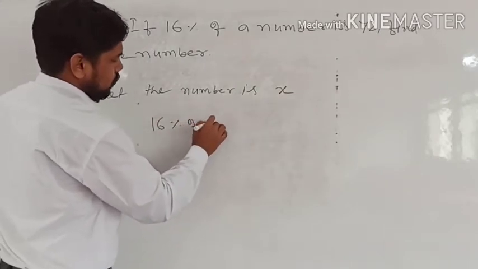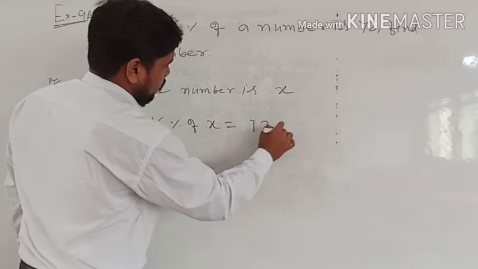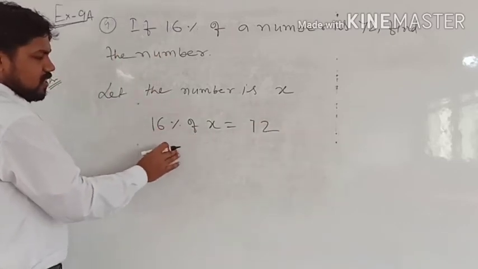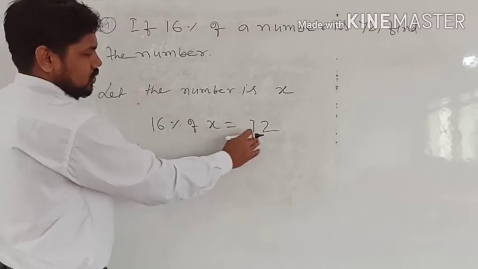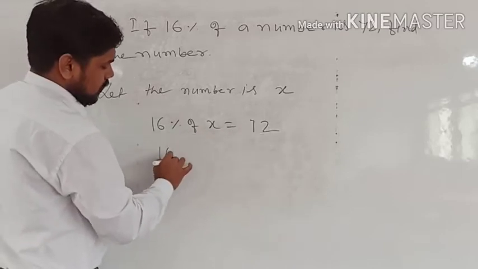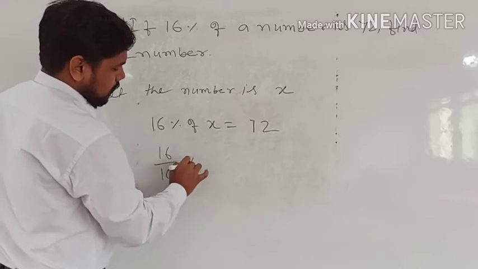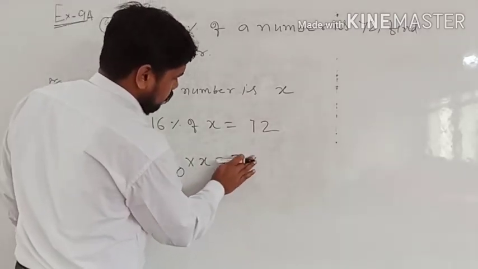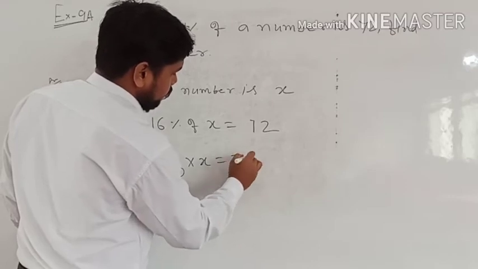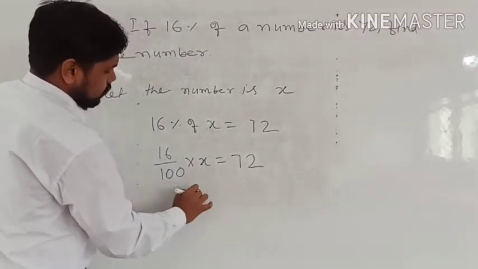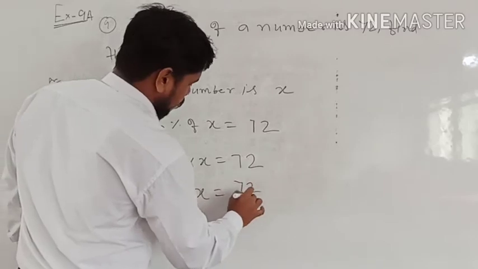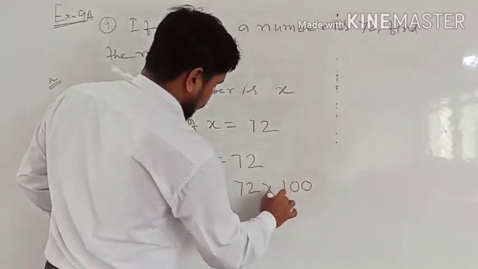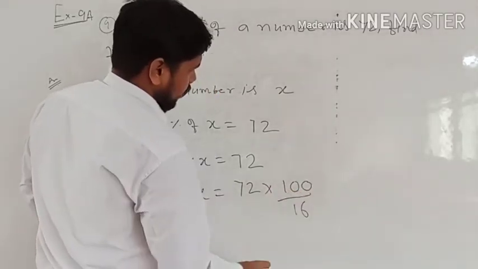16% of x is equal to 72. So 16% of x means 16 by 100 multiply x is equal to 72. So x will be equal to 72 multiplied by the reverse, 100 divided by 16.